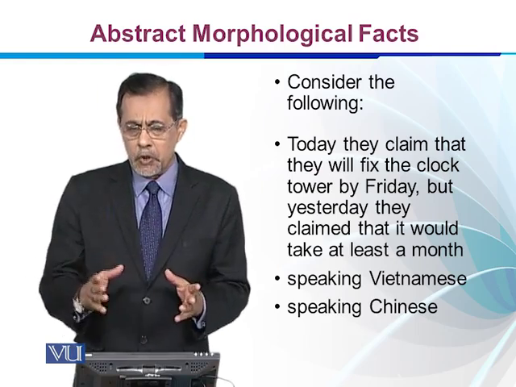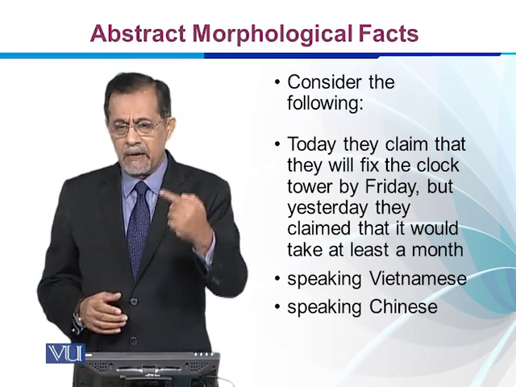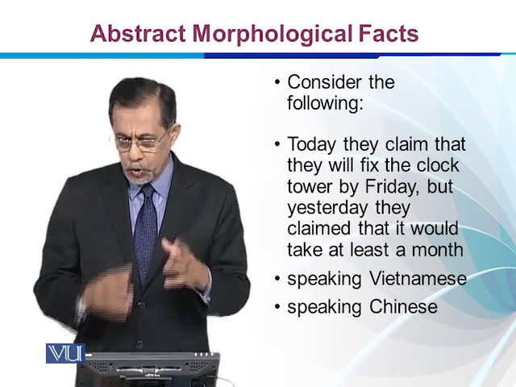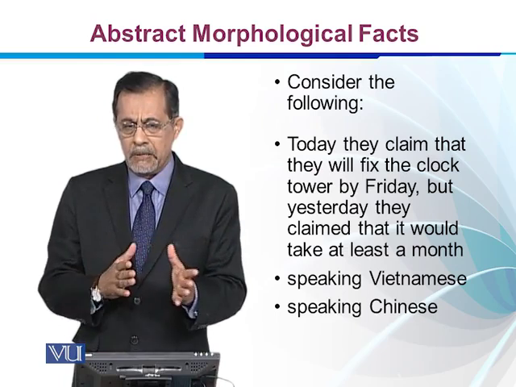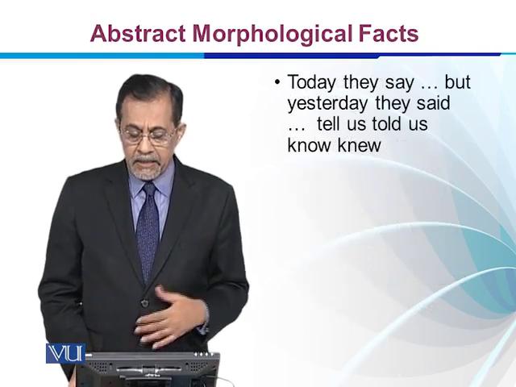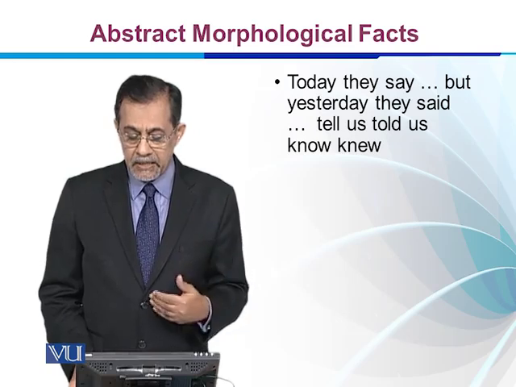Or if we do not use yesterday, then a morpheme le has to be used to show that the verb is meant as a past form. Today they say, but yesterday they said.